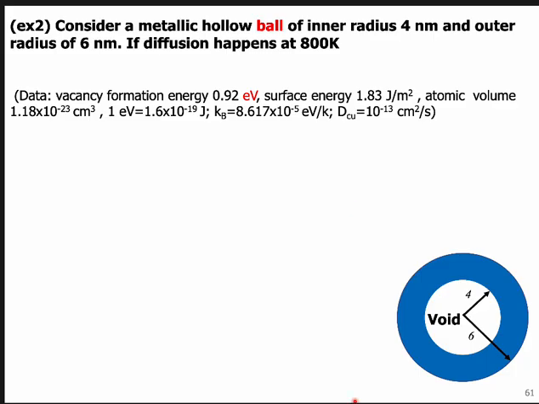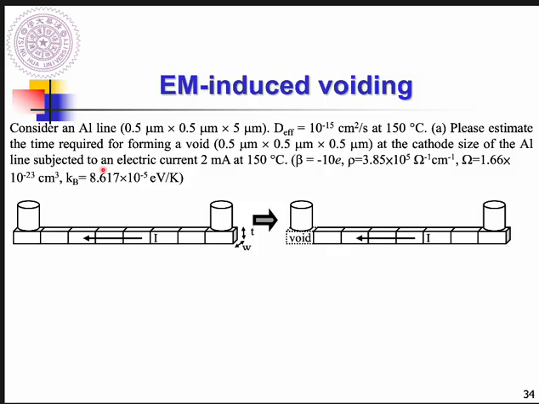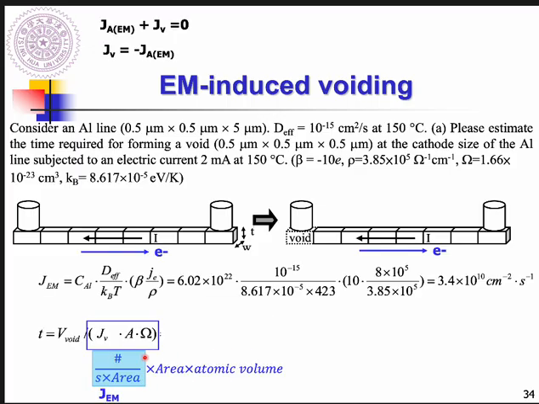As we talked about with a similar idea, in order to know how much time it takes to form this void, we actually start from the JV. As long as we have JV, then we know how much time it will take. So if you have the JV and you know the time, you also can estimate the total shrink volume of this shrinkage, right? So let's move back to the questions.